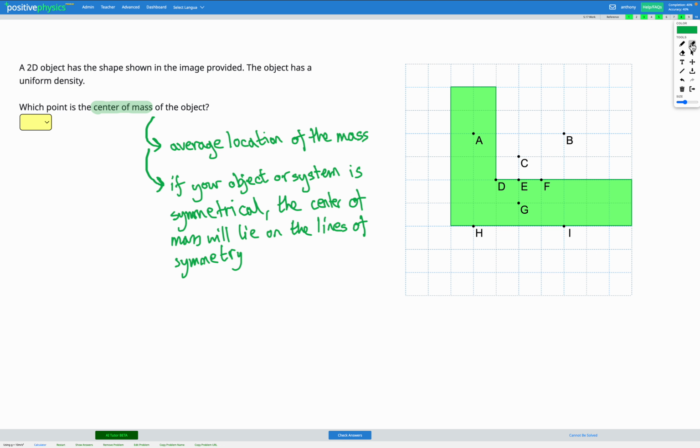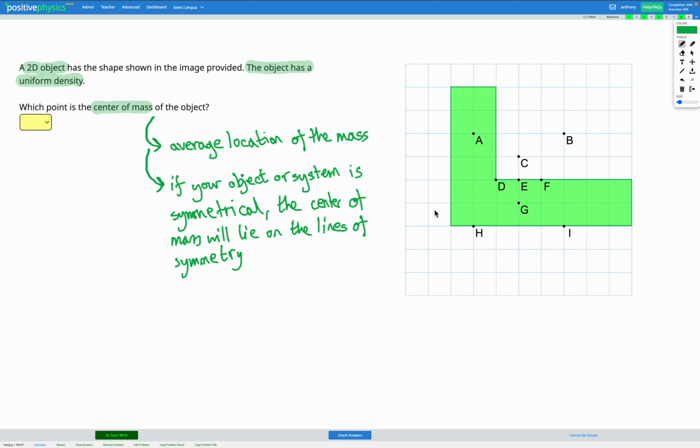Lastly, we have this shape here, which is again a 2D object. And again, we're told it has a uniform density. Now this shape's a little bit more complicated. It doesn't have lines of symmetry that we can use. However, there is a trick we can use for this one. I'm going to split this shape up into two shapes that are the same as each other.